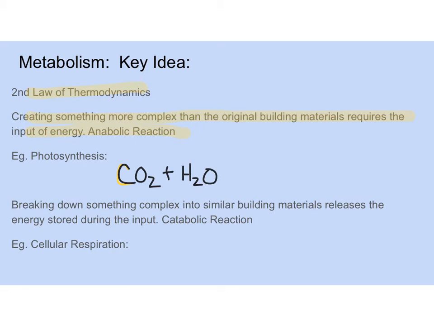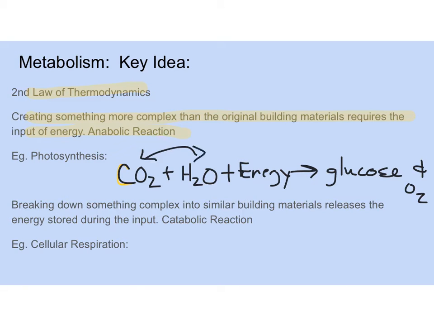These two simple things are combined into glucose and oxygen gas. In order to combine them and make something more complex, we need energy, and that's what the sunlight is. That's why photosynthesis requires sunlight. If you make something more complex, you need energy.